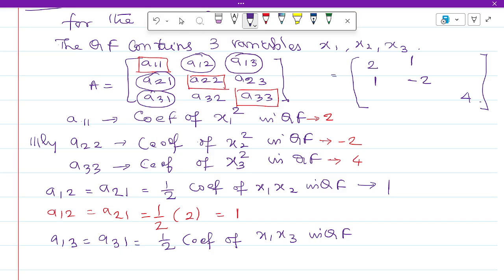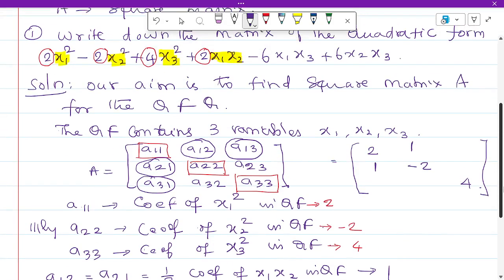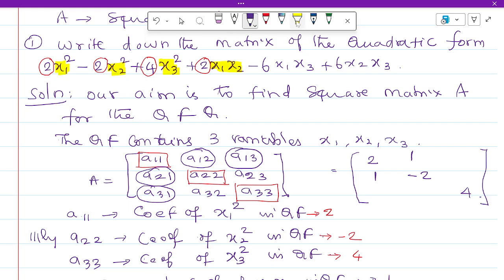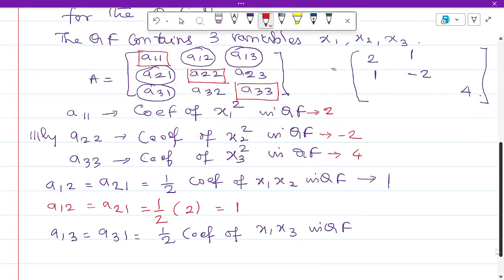Next, you have to identify where x1, x3 is in the quadratic form. See, in the quadratic form, where is x1, x3? Here it is x1, x3. So, what is the coefficient? Minus 6 is the coefficient.